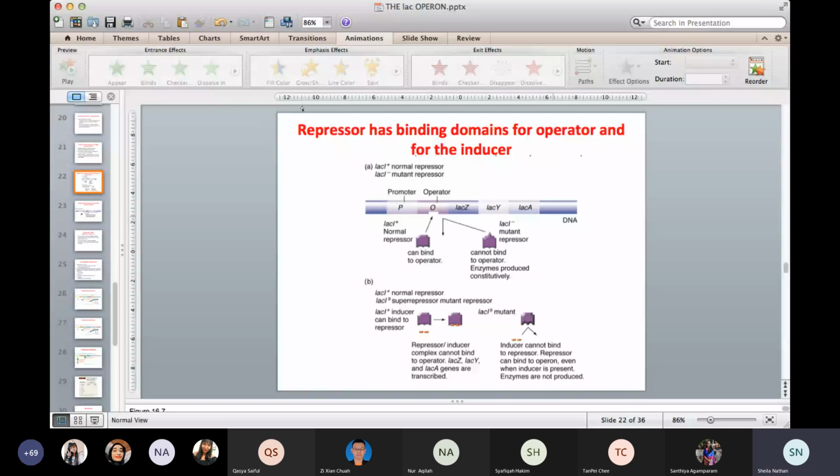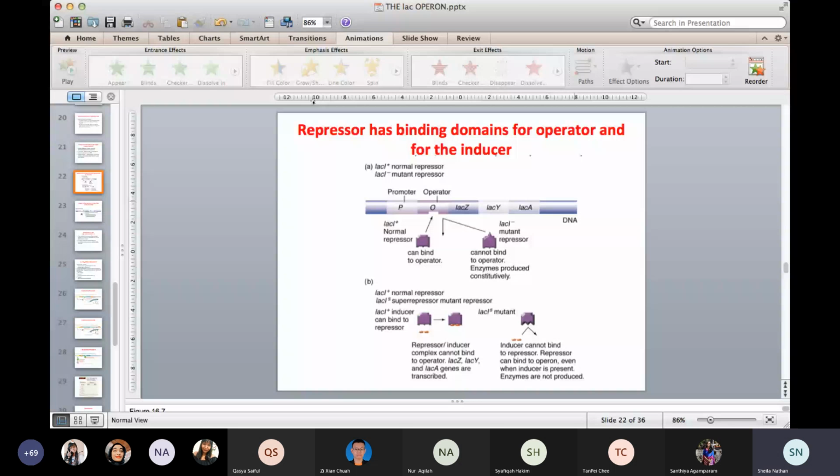Therefore, the Lac Operon will always be switched on. Whether it needs to hydrolyze lactose or not, it will be producing all three enzymes. So basically, it's a waste of time and energy.